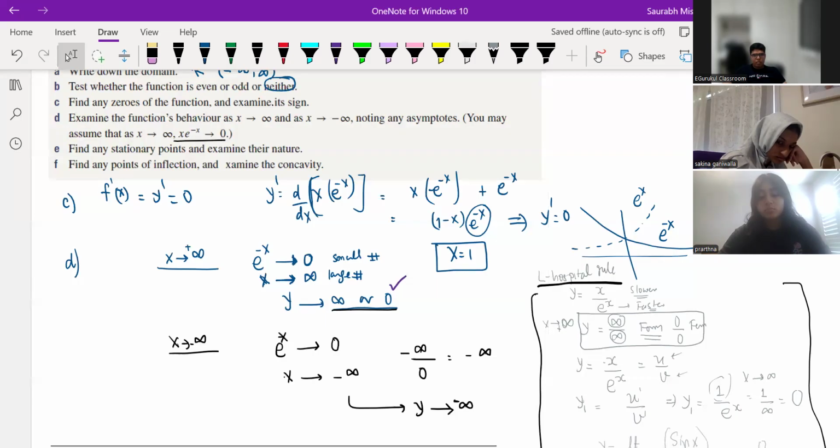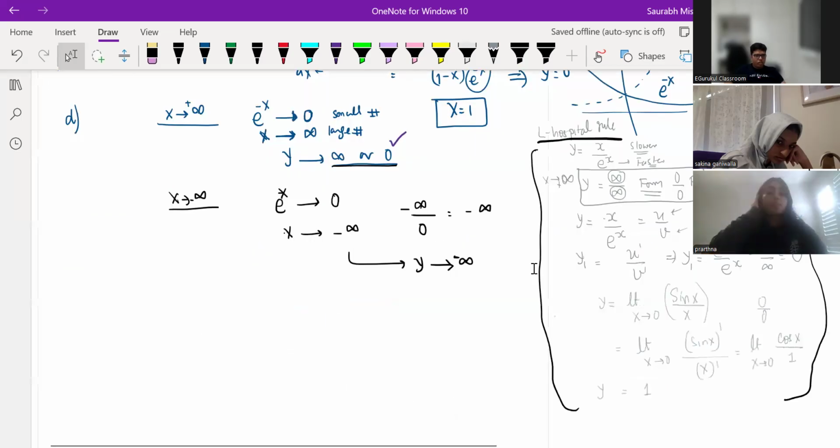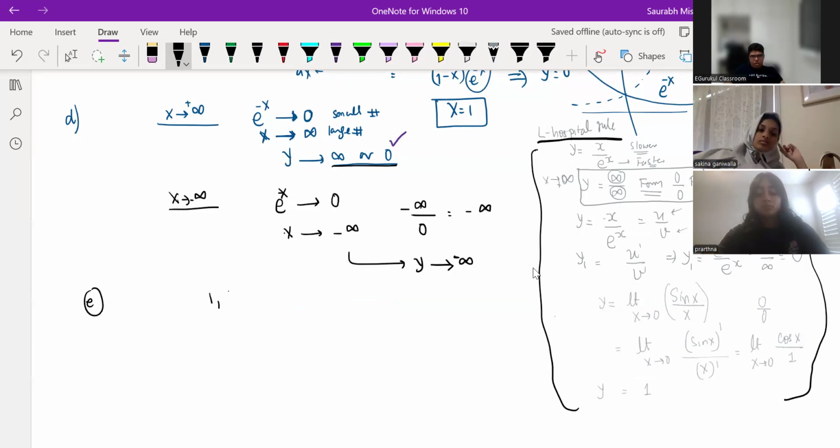This point was x is equal to 1. If you put x is equal to 1, you get 1 by e, right? So the stationary point is (1, 1/e), that is the point where you have f prime or y prime is 0.